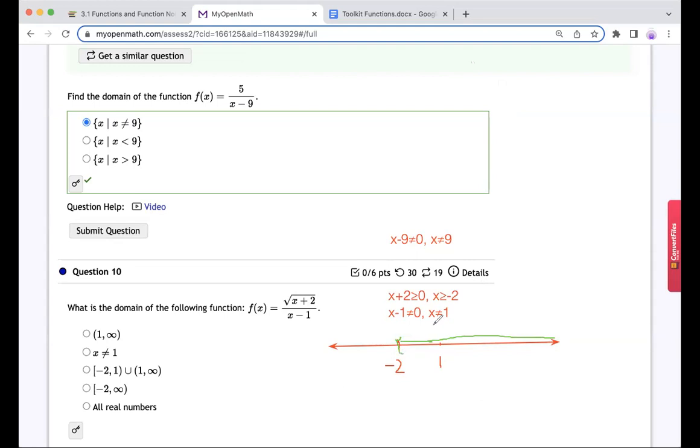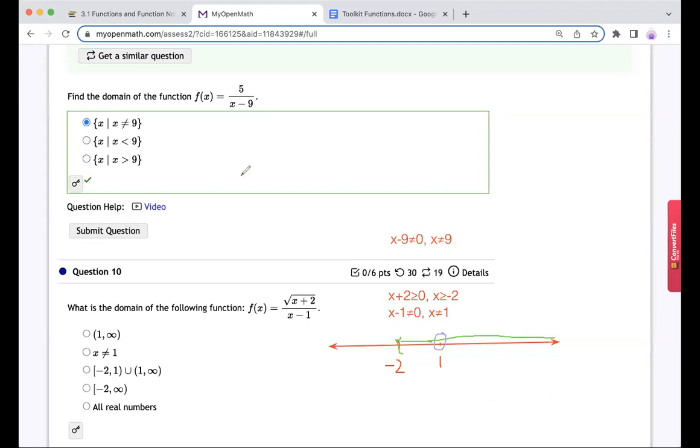However, 1 here, I don't take it, so I have to put a hole on it. So therefore, my answer, I would take everything from -2 to 1, and then 1 to infinity. So this is the one that you choose: -2 included, up to 1, 1 not included, and then from 1 to infinity. So that's how my answer would be.